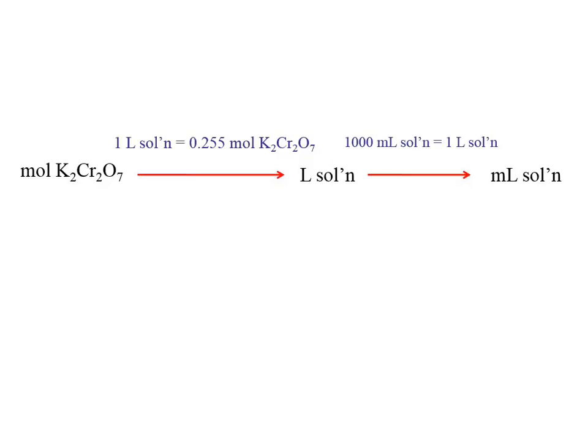So the first term is going to be the 0.015 mole over 1. And then we want moles to cancel, and be left with liters. So what does the next term look like?